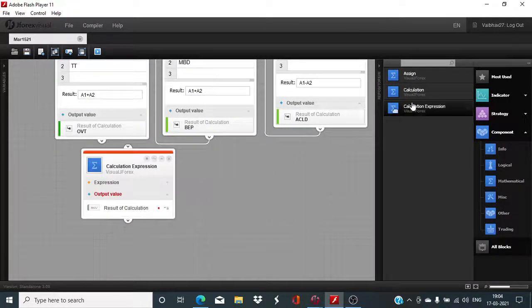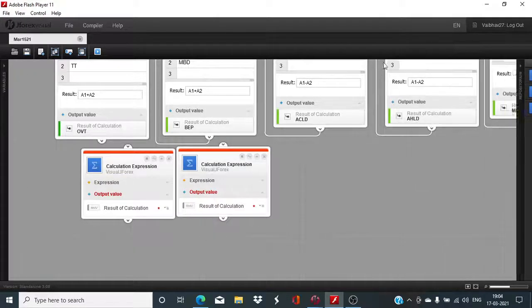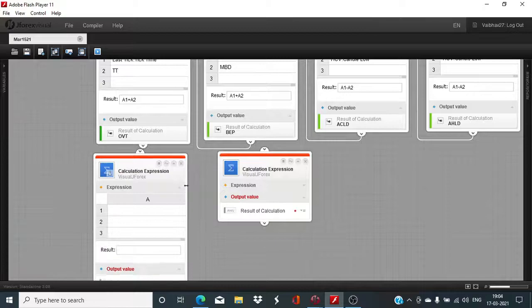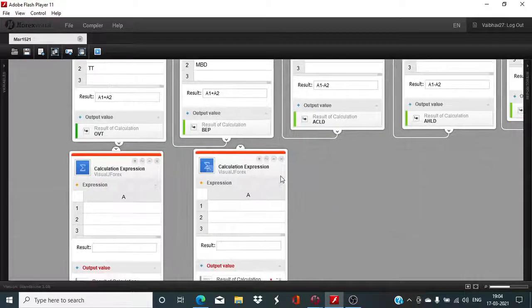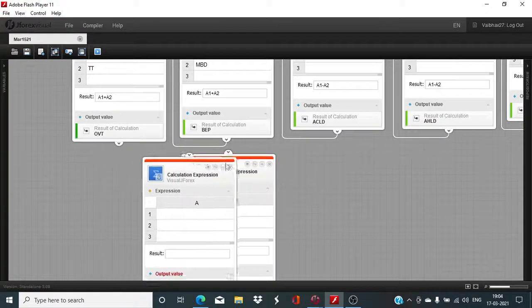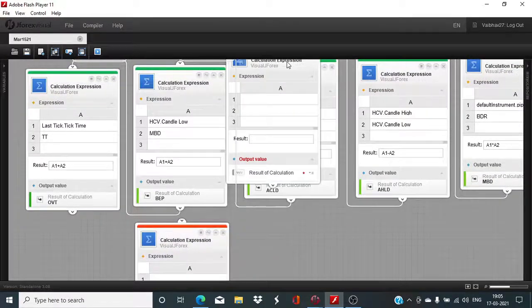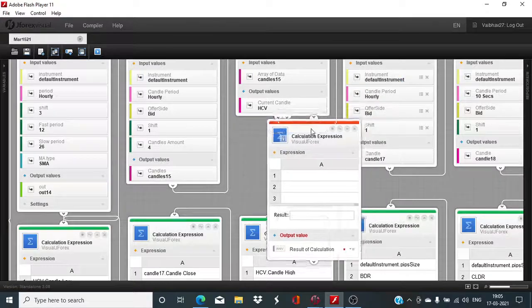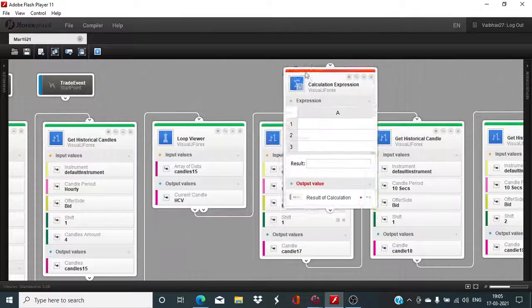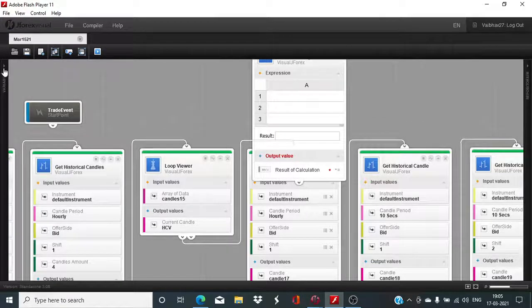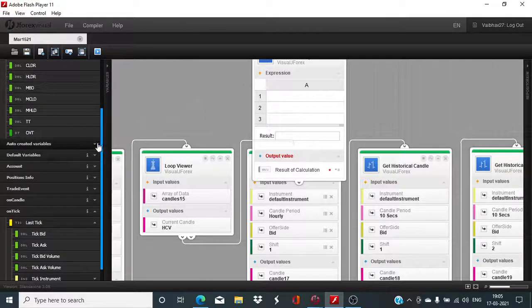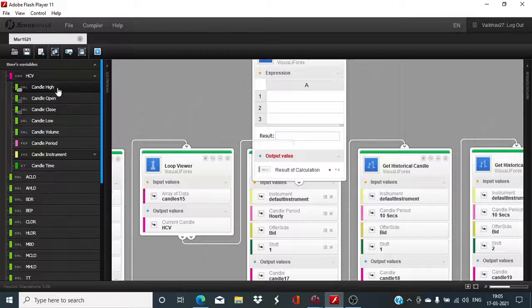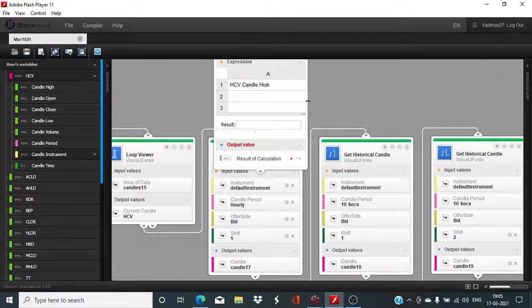So again, I will take a couple of calculation expression blocks, and here we will need to deduct the last hour candle close from the cluster high of 4 hours, and for that we will have to take HCV candle high, there it is, and deduct the candle 17's closing value.